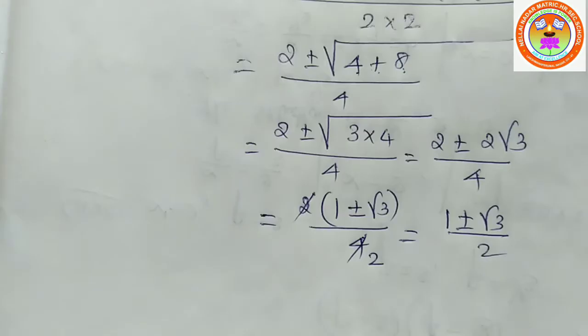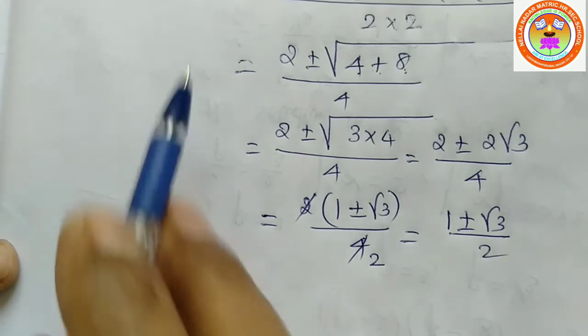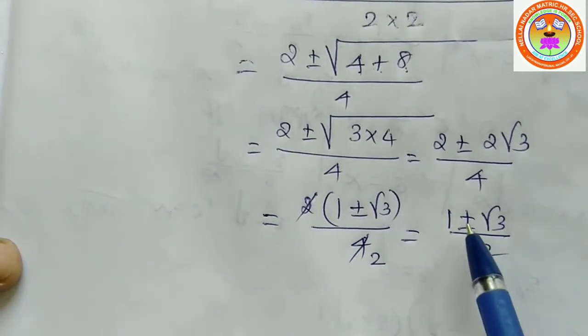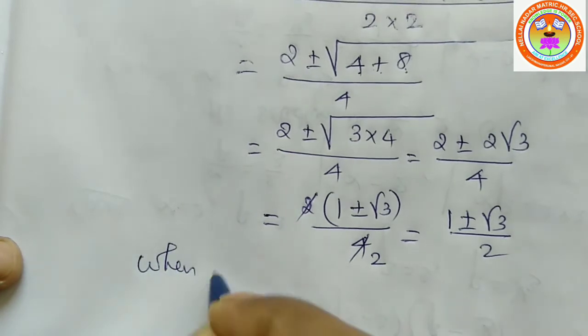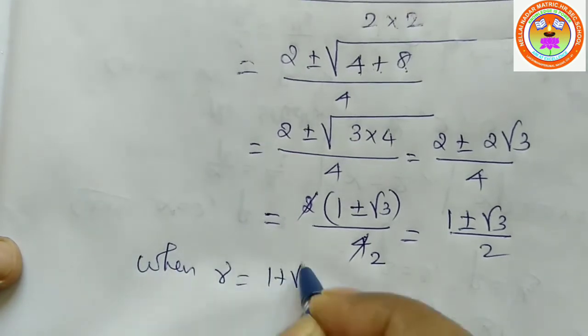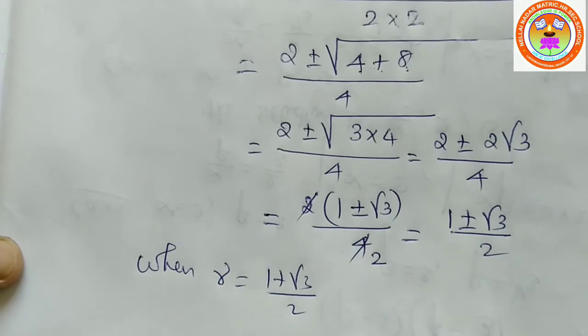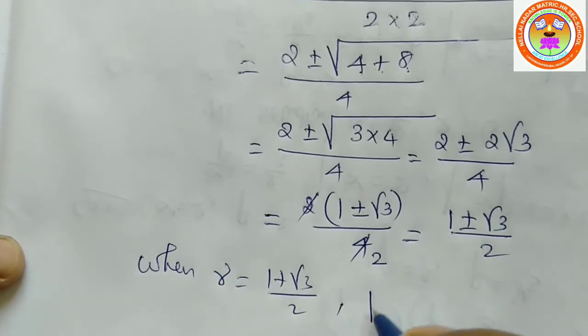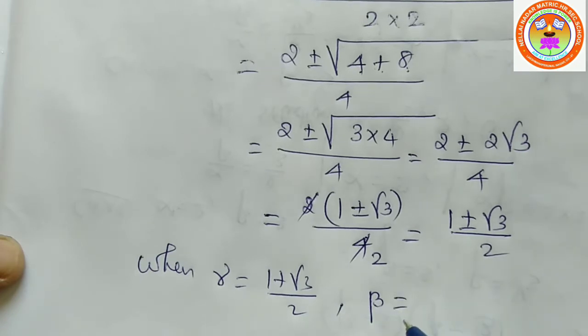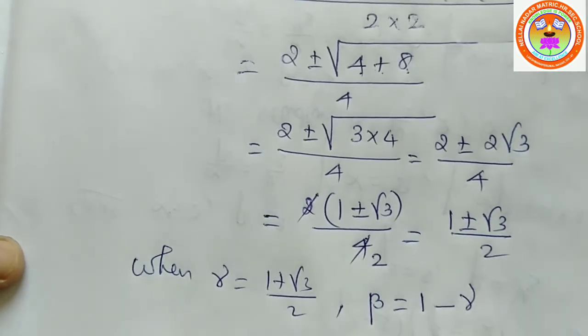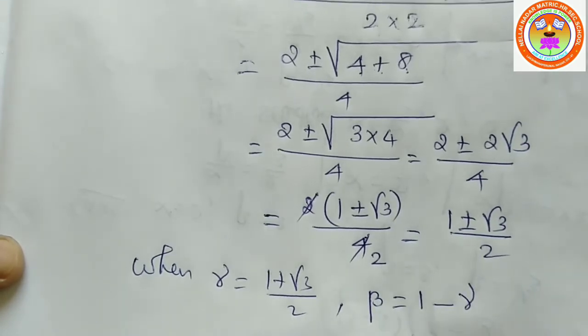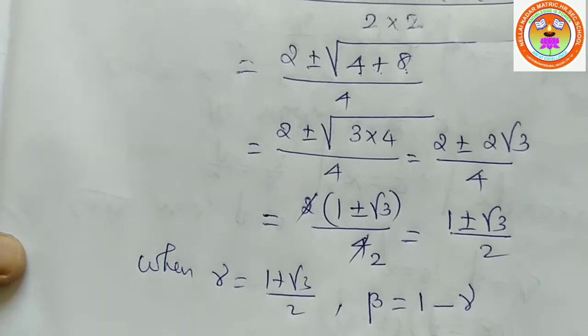Reason is, gamma is equal to 1 plus or minus root 3 by 2. So when gamma is equal to 1 plus root 3 by 2, if we take the first value 1 plus root 3 by 2, what about the beta? Already we got beta. Beta is 1 minus gamma. That is 1 minus, what is gamma value?